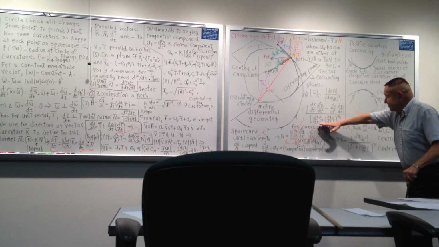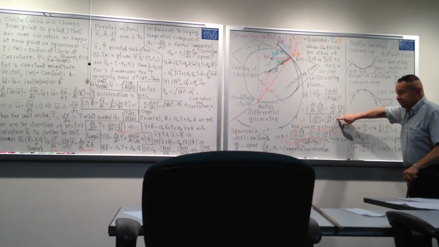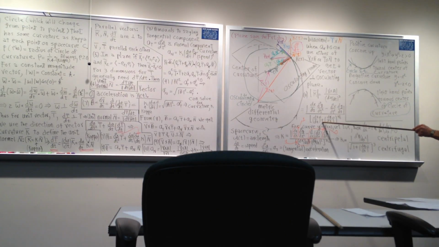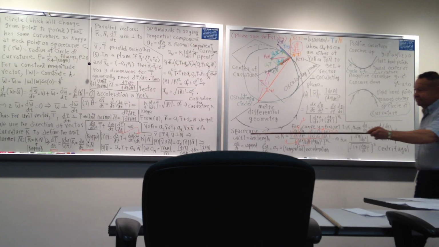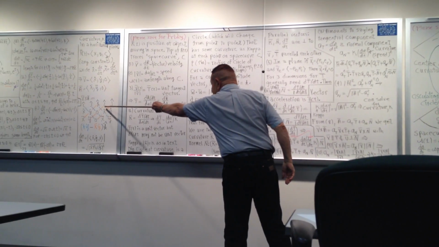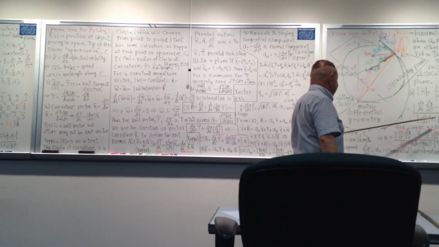And this is your speed cubed. So the v cross a over the speed cubed is that, which comes out of the determinant here.